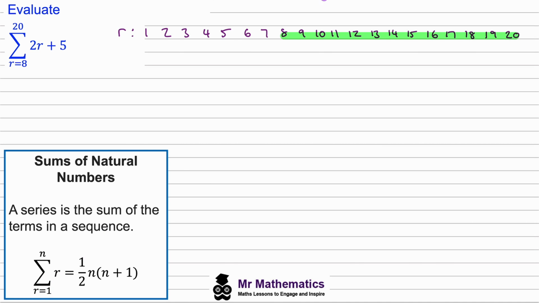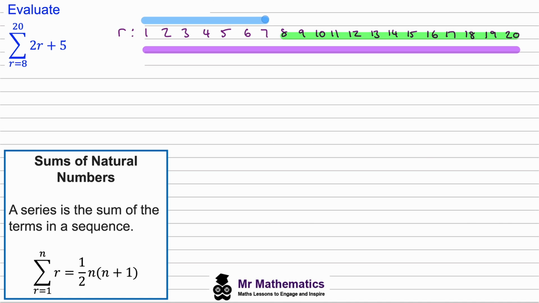But if you were to think about how we can create this series, we can look at all the terms in the series, so from 1 to 20, and then from that, we can take away all the terms from 1 to 7. Then what we're left with is terms from 8 to 20.